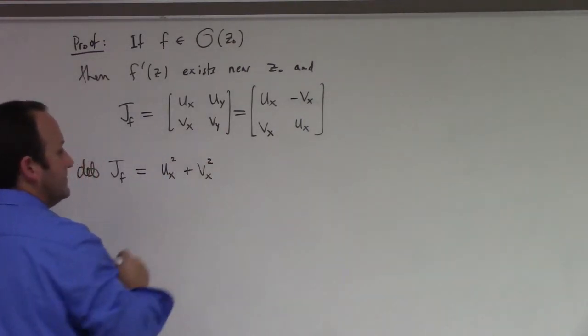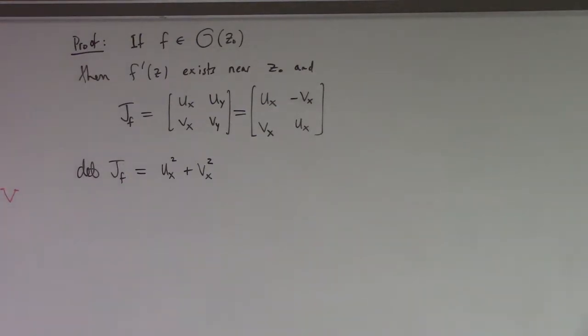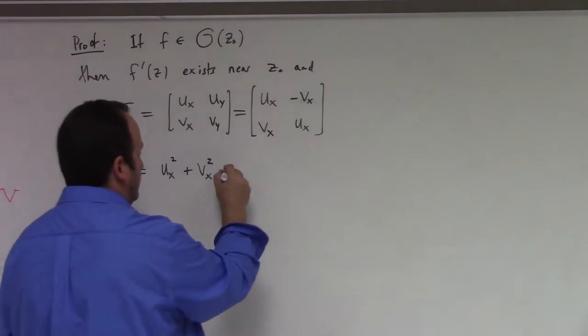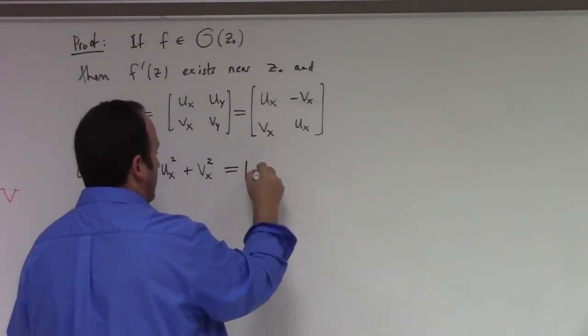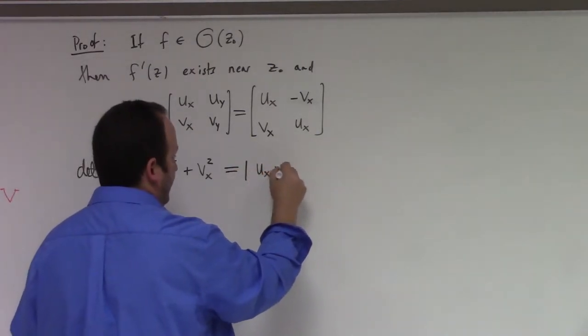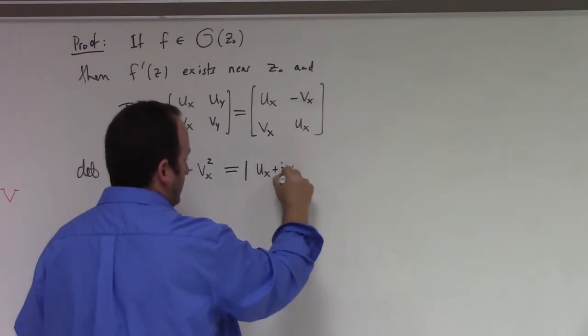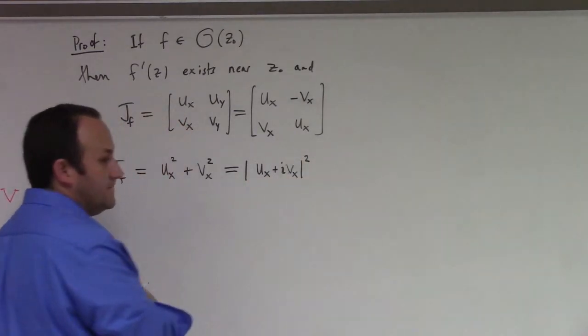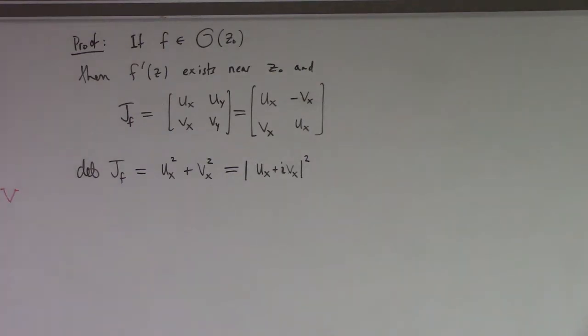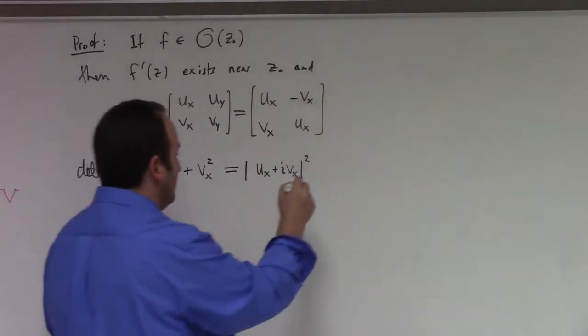But what is that? You might recognize that as the modulus of u_x plus i v_x, squared, which you might recognize, since we're talking about a complex differentiable function, as the modulus of f prime of z squared.